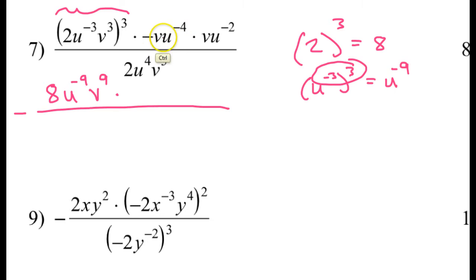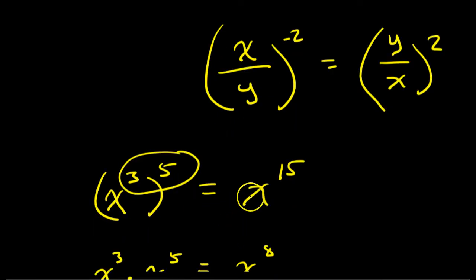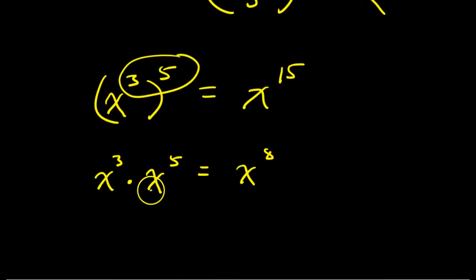When I do v times v, that is v squared. When I do u to the negative 4th power times u to the negative 2 power, that is u to the negative 6th power. You add whenever you multiply variables that have exponents. They have to have the same variable, but you add the exponents.